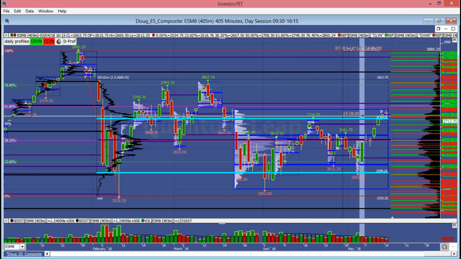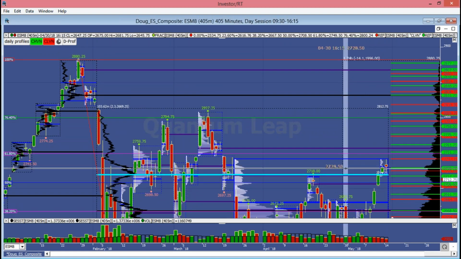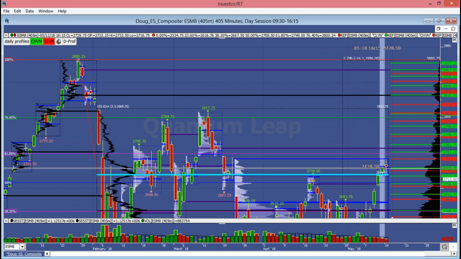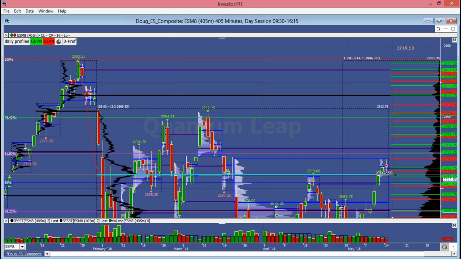On these 2 days, that balance is at the 28.75, right near the VPOC from yesterday. And overnight we've gone up and tested the 31.25, but they've pushed down and they've gotten below this 1850.